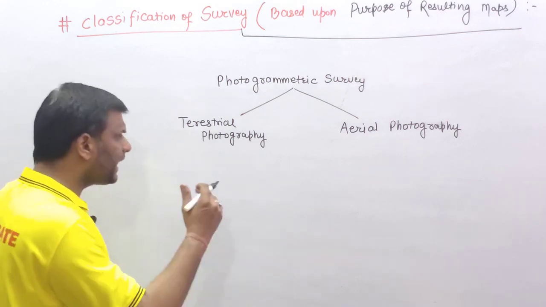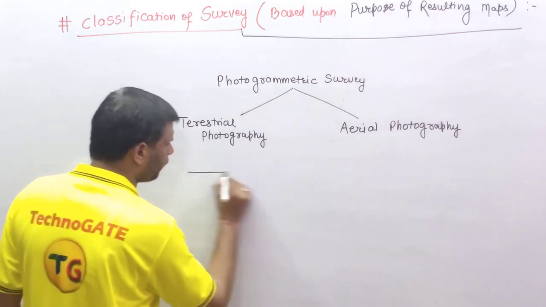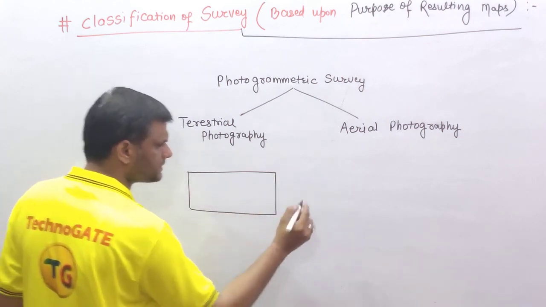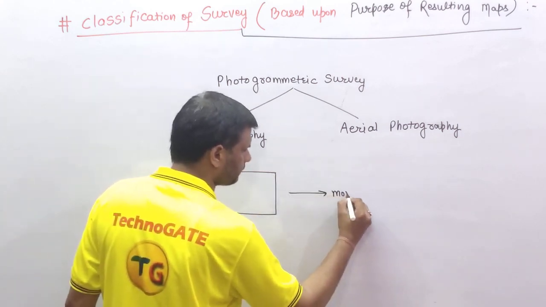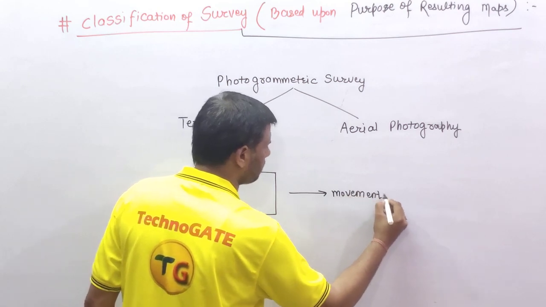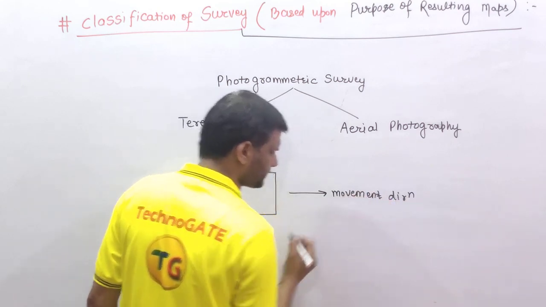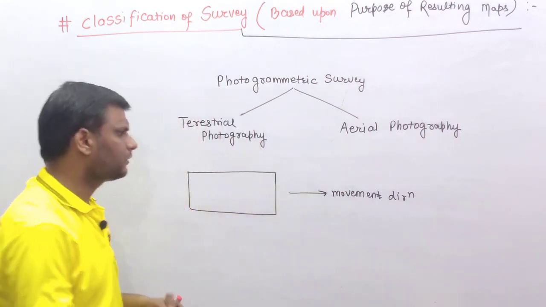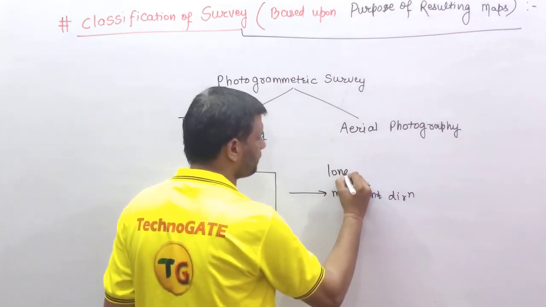In the case of aerial photography, photographs are taken like this. If this is the movement direction, the direction in which we move is called the longitudinal direction.